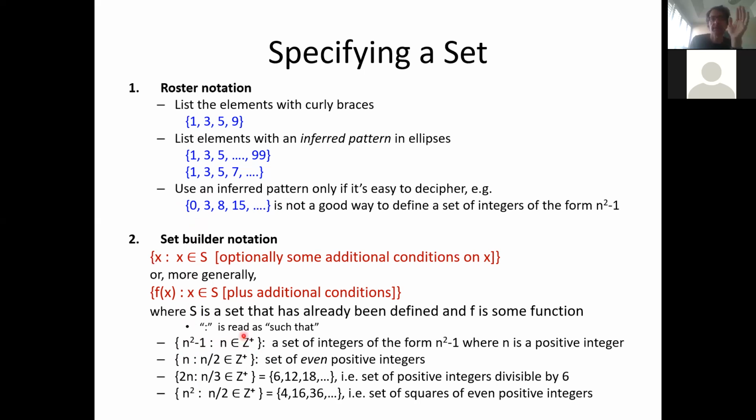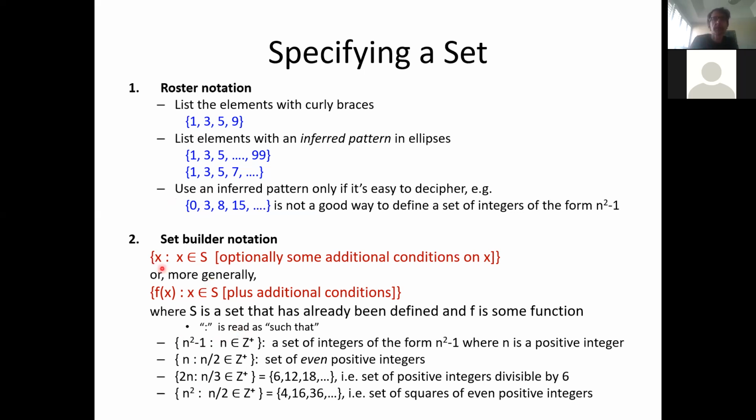So if I say Z plus, then no, yeah, actually it is, right? Because the first positive integer is a 1, 1 squared minus 1 is a 0. The second is 2, 2 squared is 4 minus 1 is 3. Okay, yeah.